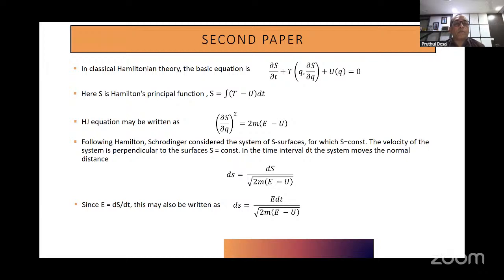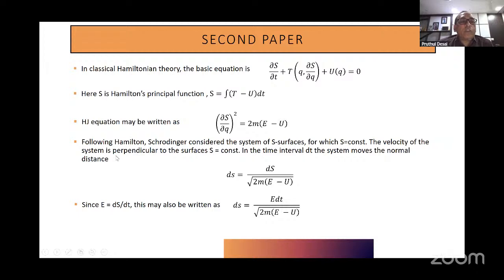So coming back to the Hamiltonian theory, this is the basic equation, the Hamilton-Jacobi equation, where, as we all know, S is the principal function or action. So it can be written as this. So following Hamilton, Schrödinger considered a system of S surfaces for which action is constant. See, in this case, this U comes from the potential energy.